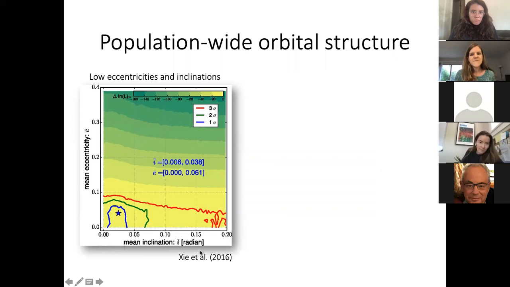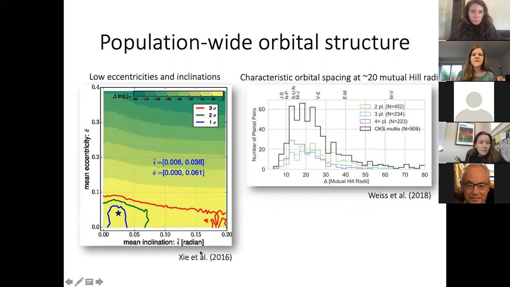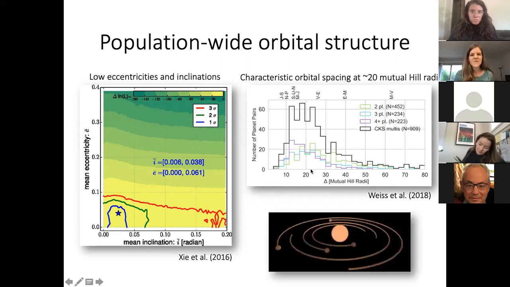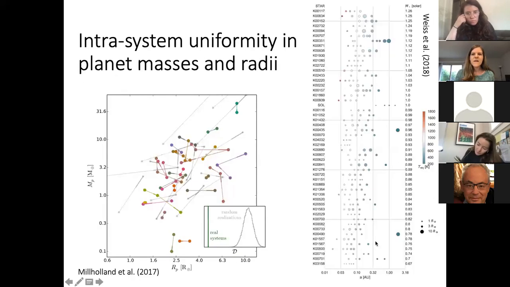In addition, the distribution of orbital spacings between planets in the same system peaks fairly sharply around a characteristic orbital spacing of about 20 mutual Hill radii. So this again signals the preponderance of these fairly highly structured, evenly spaced, and not very complex systems. This structure continues beyond orbits, though, into the physical properties of the planets.